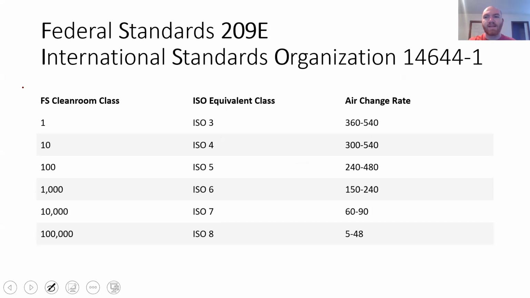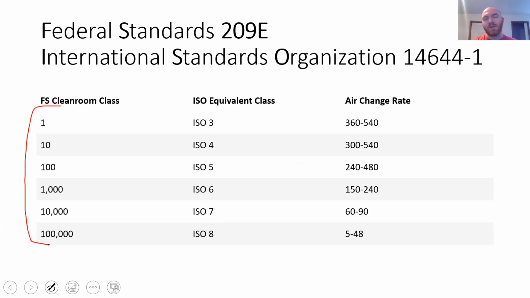So there's two different rating systems. There is the Federal Standards 209E or FS clean room class, and then there's the International Standards Organization's section 14644-1, which is your ISO class. The clean room class numbers are proportional to how many particles are allowable per unit of air.